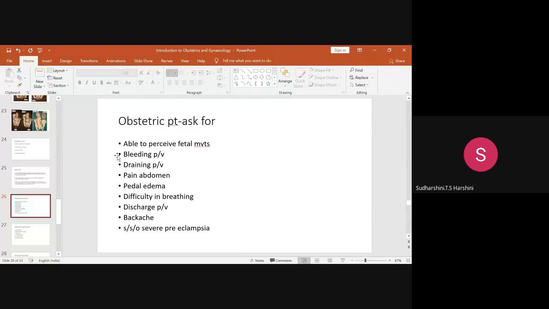When you go into the topic per se, you'll understand what it is. Now just remember, when a female is coming for her regular checkup, the first thing you will ask is whether she's able to perceive fetal movements well. Then these other things, bleeding PV, draining PV, pain abdomen, are all very common. Pedal edema, you know that most pregnant patients will have pedal edema, difficulty in breathing, discharge PV, and backache.